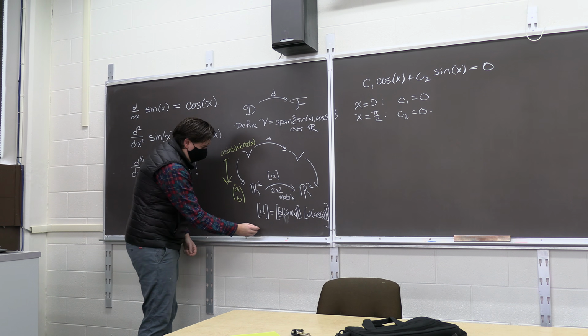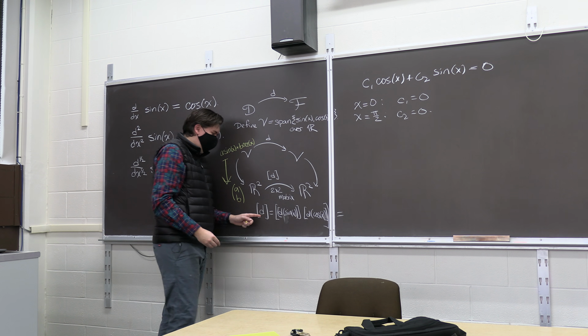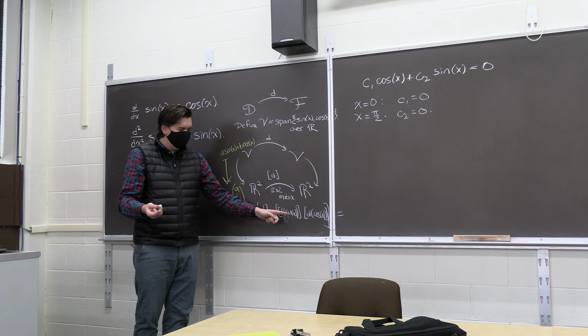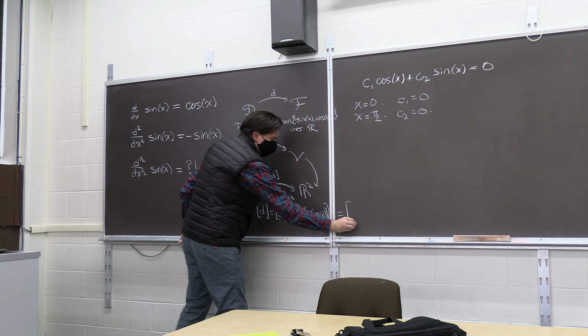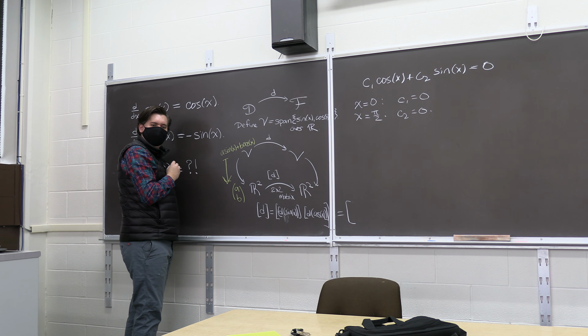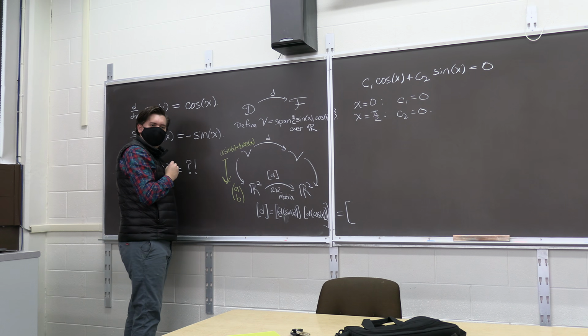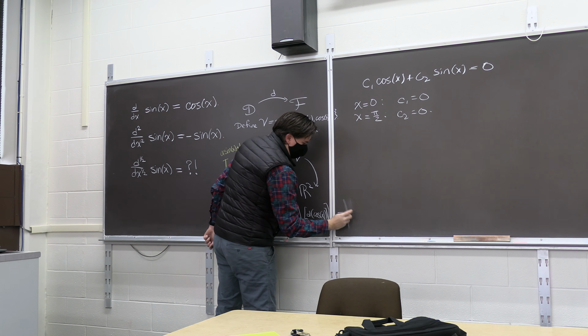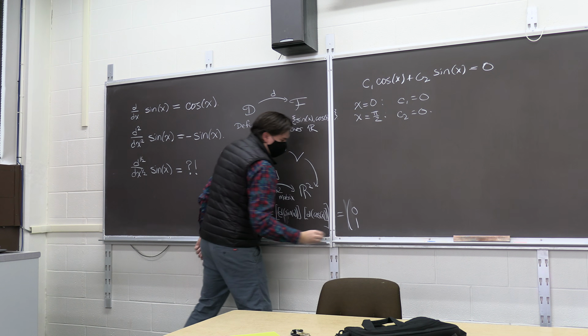Okay, let's do it. What does your derivative do to sine? We've already said the derivative of sine is cosine. So what is cosine in coordinates? Yeah, (0, 1). If you just had cosine, that would be (0, 1). So sine gets sent to cosine, which is (0, 1).